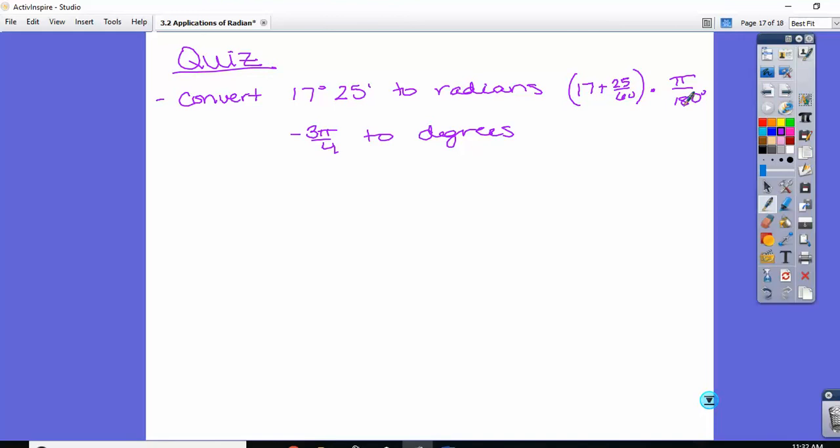So you could write it, this one does come out to an ugly fraction, but you could say 209 pi over 2,160. Or, since it's kind of ugly, if you did multiply in the pi, you could say 0.304 radians. So is that one okay? And the second one, you would just multiply by 180 over pi. So that was the first thing we did, conversions.